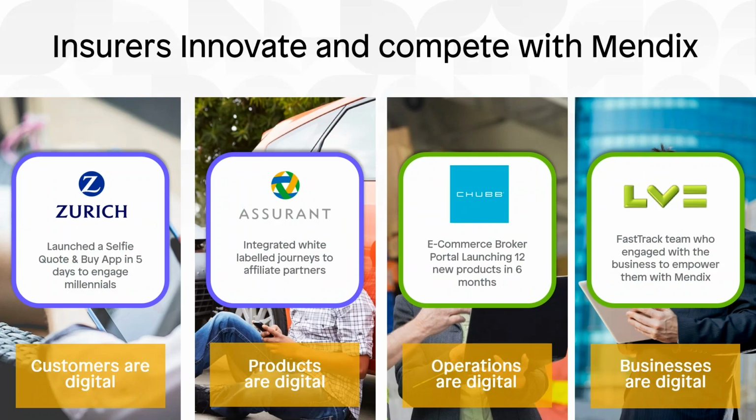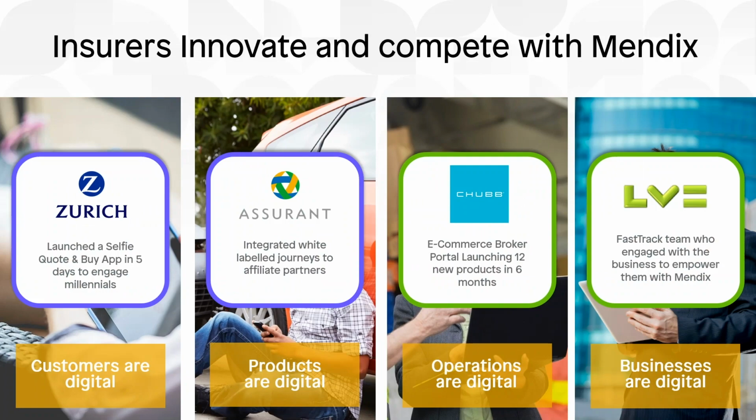And some insurers that do this very well using the Mendix platform are the four insurers mentioned here. And all of them use the Mendix platform for a variety of use cases, but I'd like to just highlight four here. The first one is that in the insurance industry, many customers are becoming digital, and the way that they engage with their insurer is very different from a few years ago. A good example of this is Zurich Insurance.